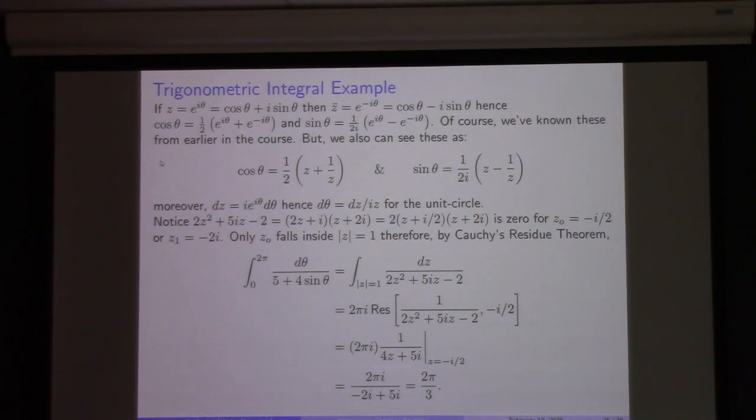Another important example that pretty much everybody covers in Math 331 is how to do a trigonometric integral. Here it's a really sneaky trick. If you look at the integral around a unit circle and make z equal to e to the i theta, cosine theta can be written in terms of z, and sine theta can be written in terms of z, and d theta can also be written in terms of dz.